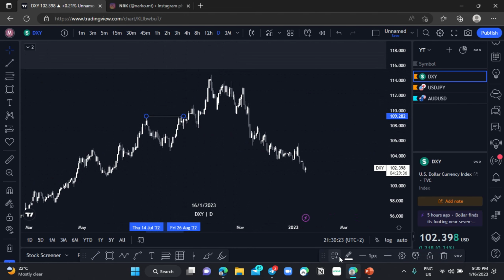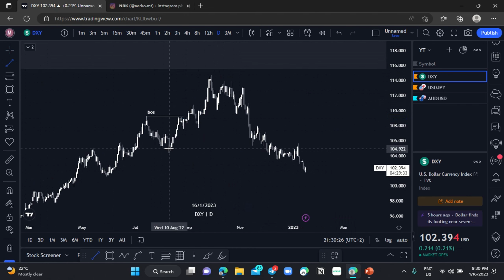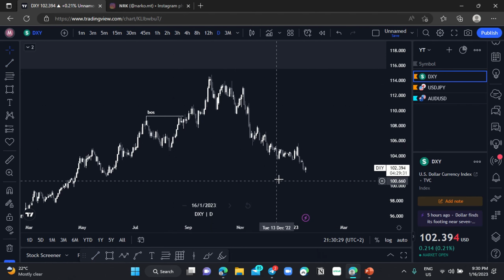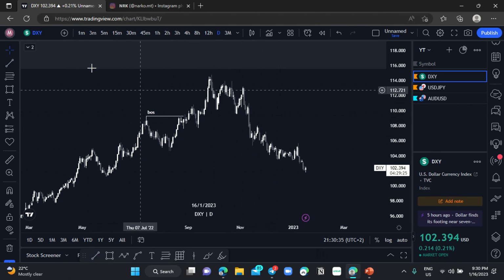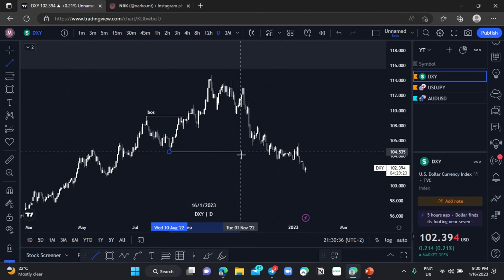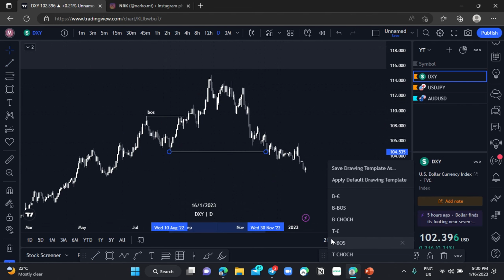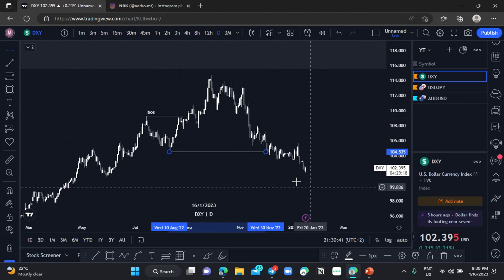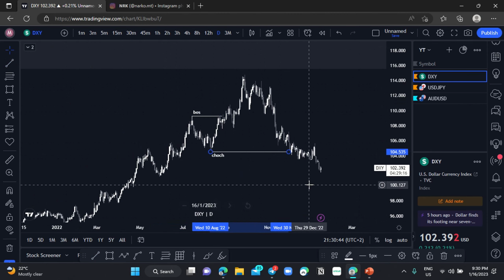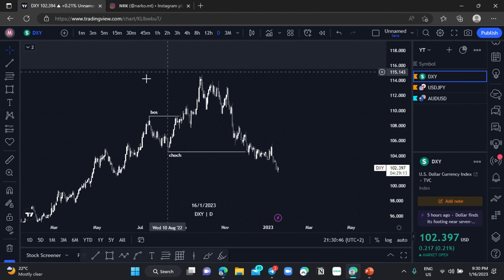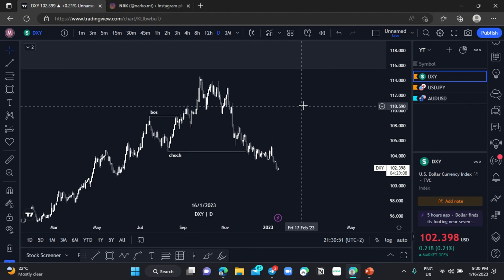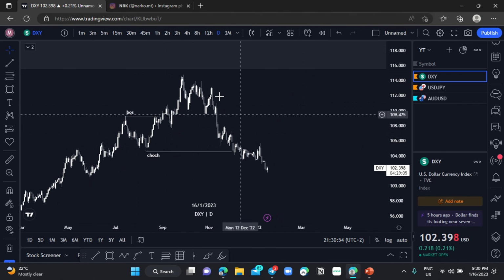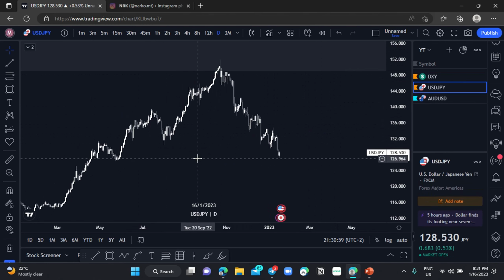We can see that here we have a top break of structure, and price pushed to the downside and violated the rules and properties of a bullish trend, meaning that we could be moving from a bullish trend to a bearish trend. Okay, so this is a bottom change of character. Okay, so now we have this schematic here, BOS change of character, and we currently have this schematic on the dollar index.